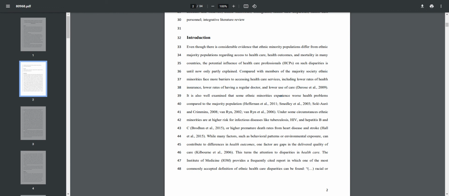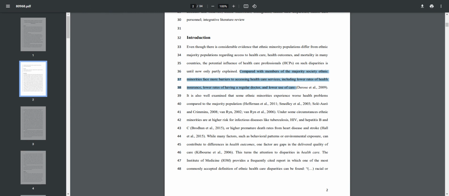And now you would notice that this information has been cited. So this is information that this person is not coming up with out of their head. This is information that has been found in other studies. So this person is just reporting whatever has been found.